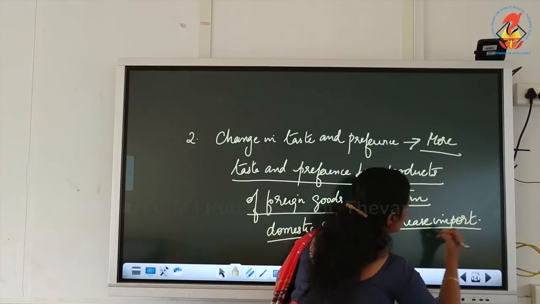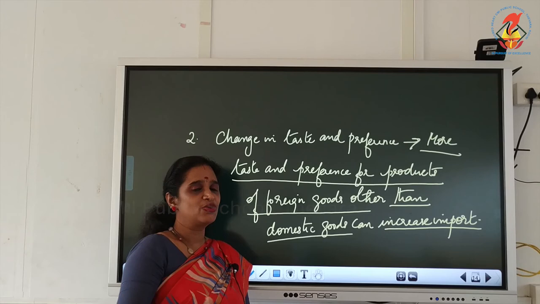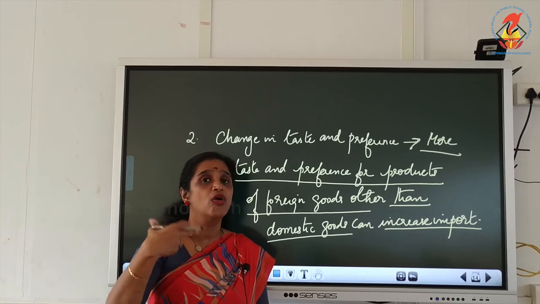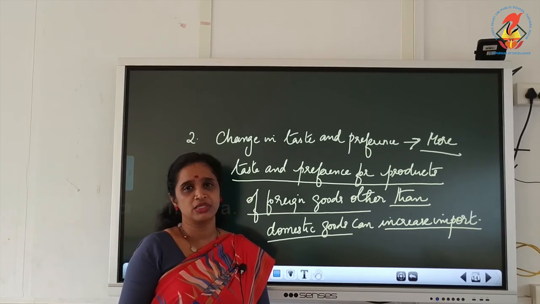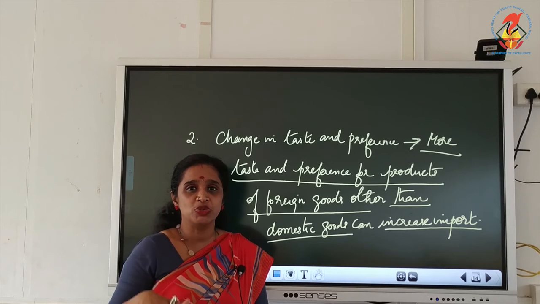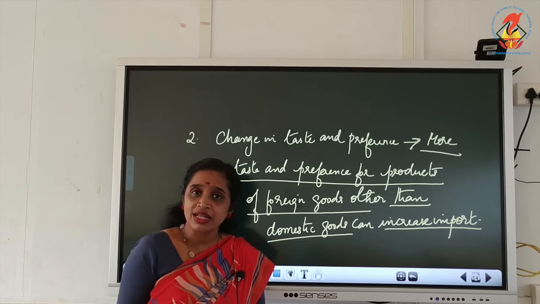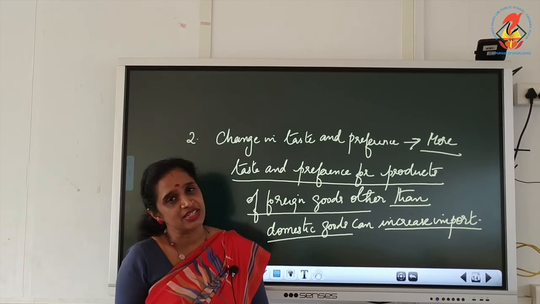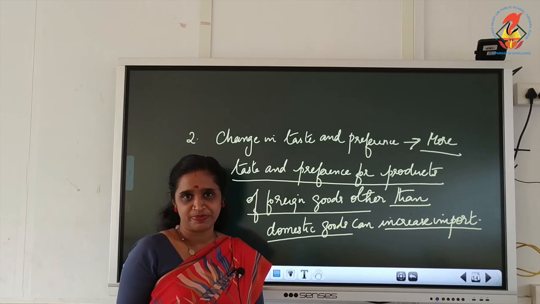It can increase the import. If import is more than export, what will happen? Outflow of foreign exchange. That means payment will be more, receipt will be less. If receipt is less, definitely there will be deficit in the balance of payment.